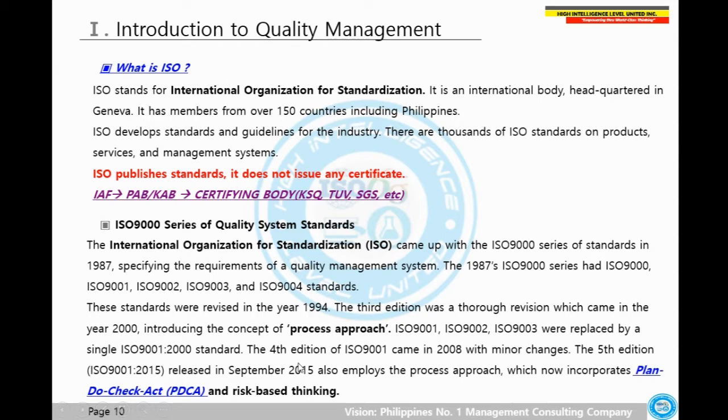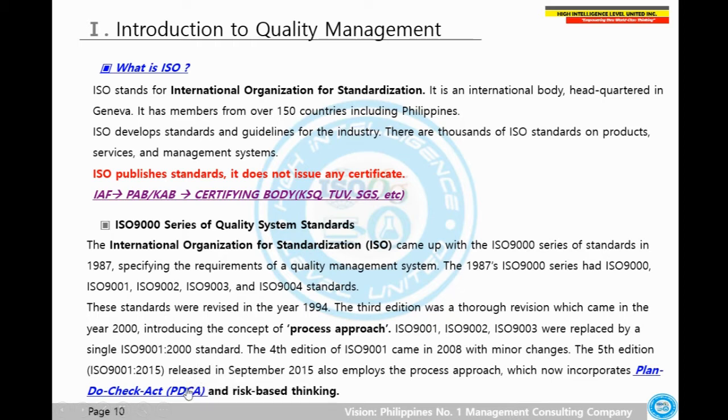Then the revision that became the 2008 edition had minor changes. The fifth edition is currently the 2015 version. The 2015 version also employs the process approach, which incorporates plan, do, check, act, PDCA, and risk-based thinking.